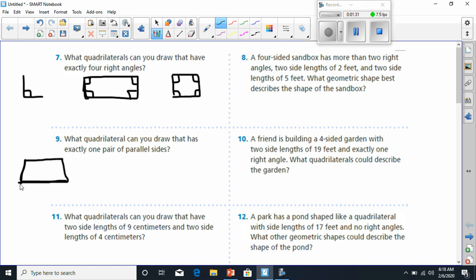Okay? Trapezoid. I guess I should have wrote up here rectangle and square.